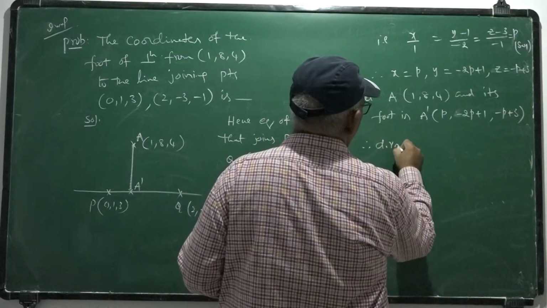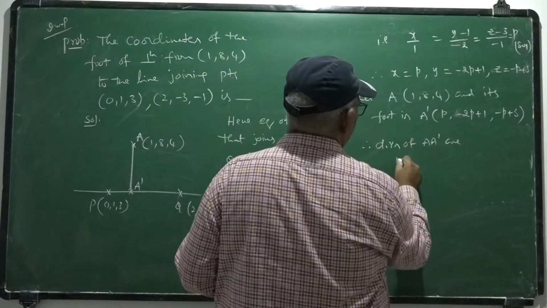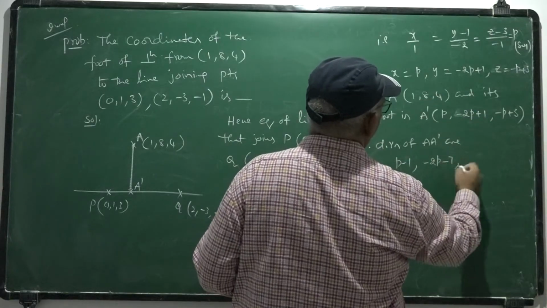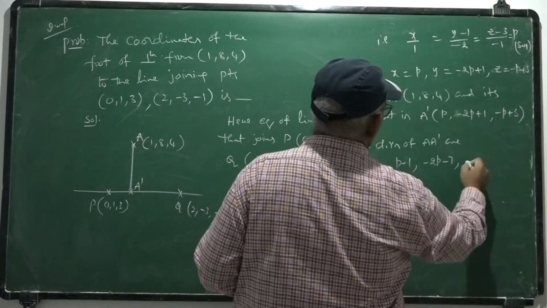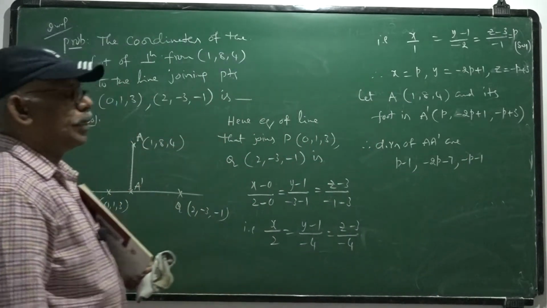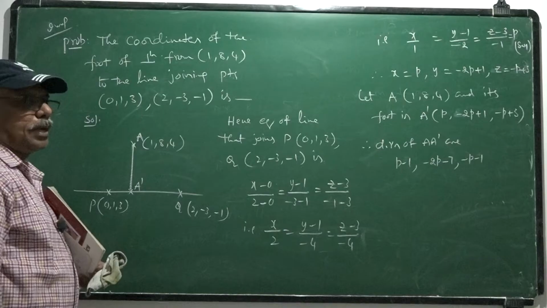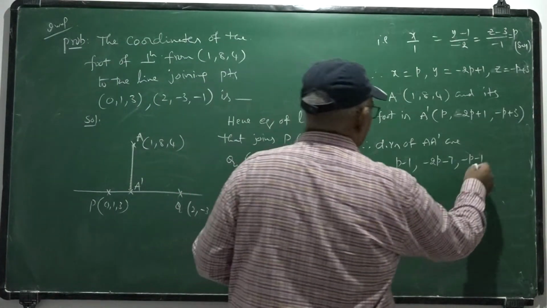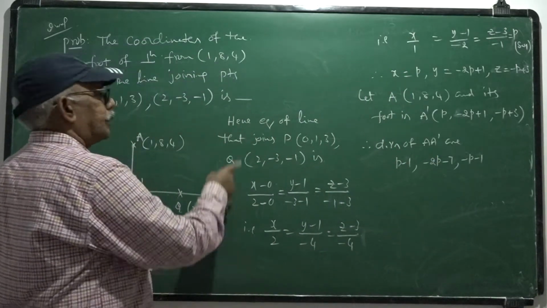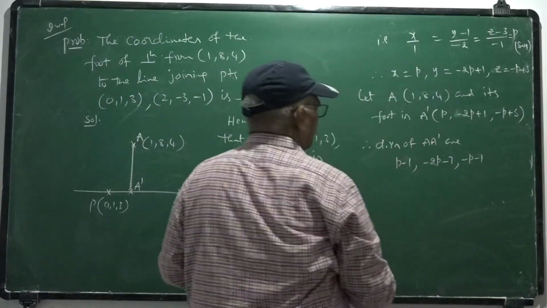Therefore, I will write the DRs of AA dash as P - 1, -2P + 1 - 8, that is -2P - 7, and -2P + 3 - 4, that is -2P - 1. These are the set of DRs of AA dash and DRs of PQ.